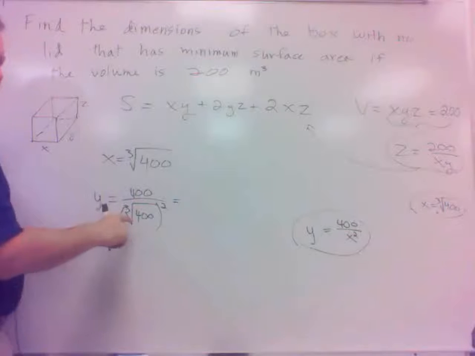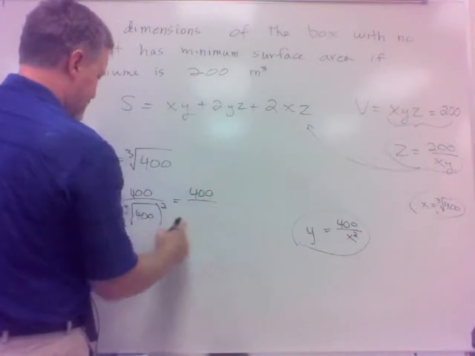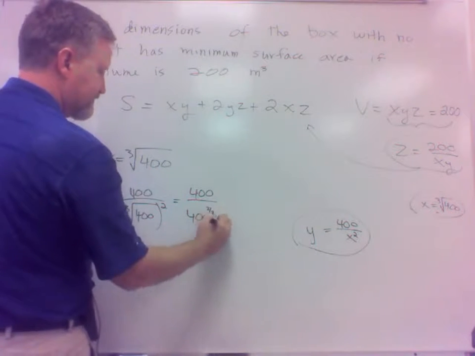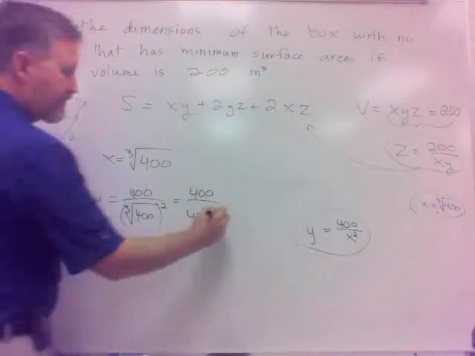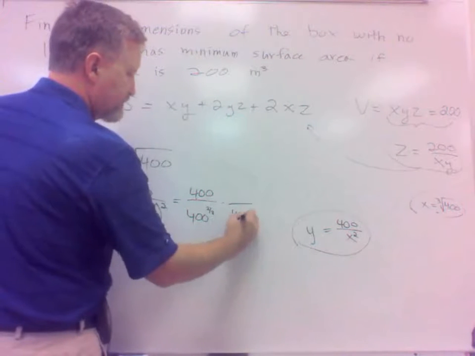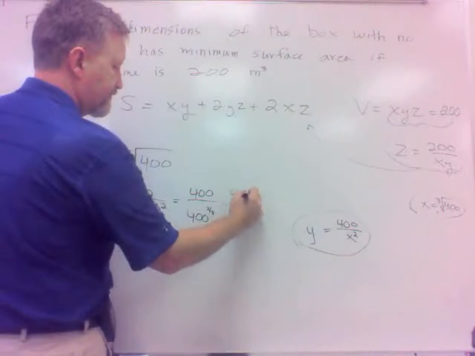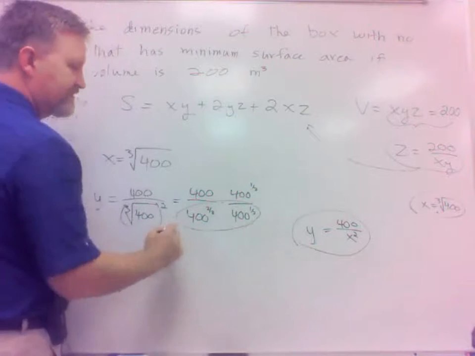But that's a little too complicated here because, if you'll notice, that's 400 to the 2/3, right? Cube root of 400 squared. If I multiply that by another cube root of 400, top and bottom, then the bottom would just be 400, adding the exponents, 2/3 plus 1/3. That's why we did it.